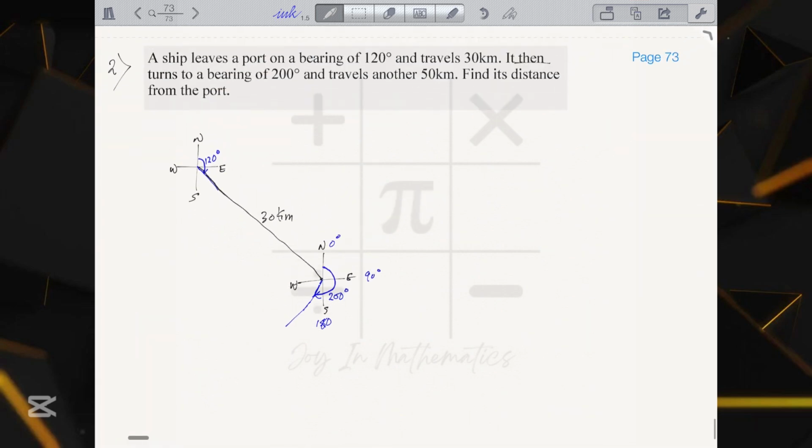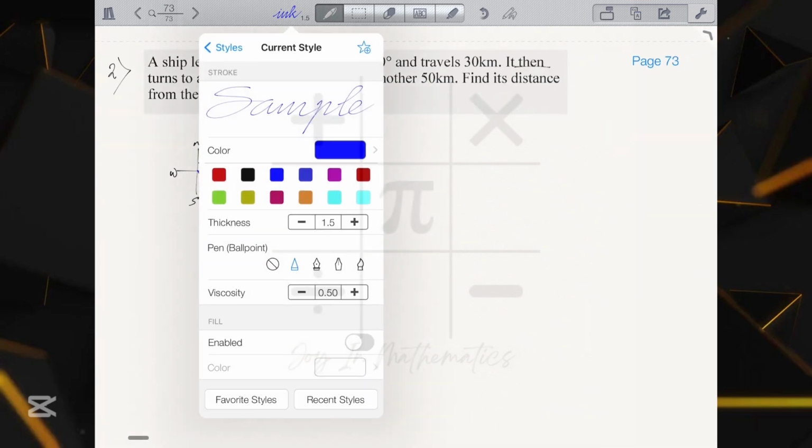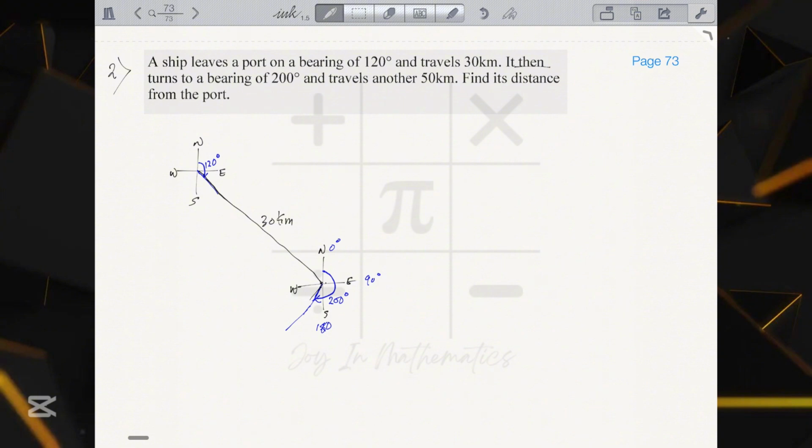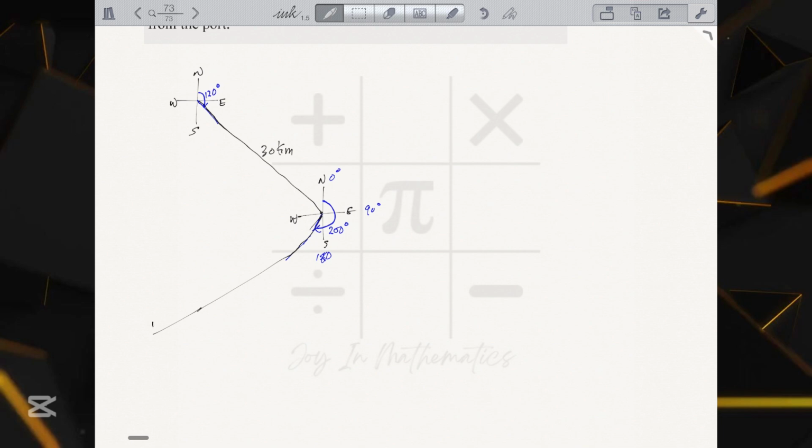And it then travels another 50 kilometers. After that bearing of 200 degrees, it travels 50 kilometers. So we have another 50 kilometers here.